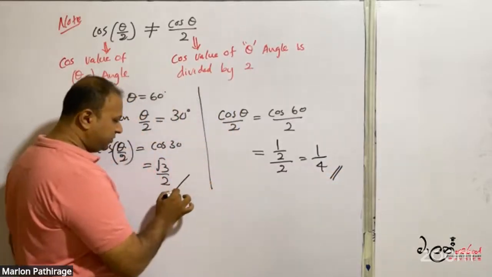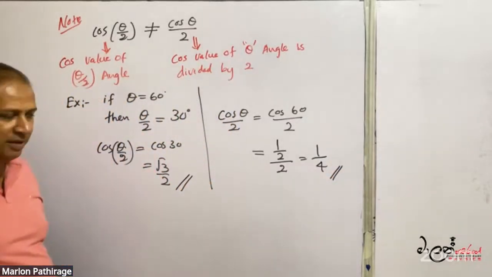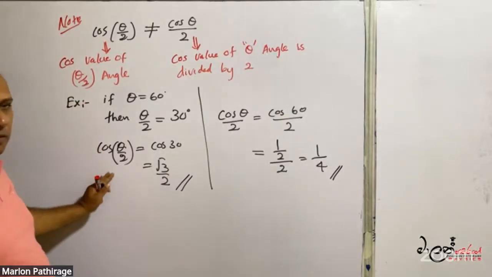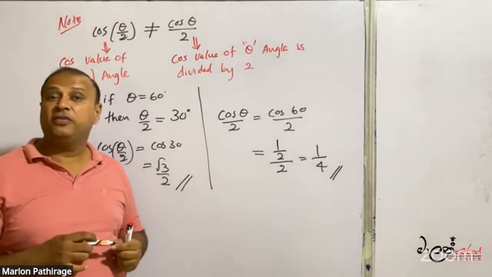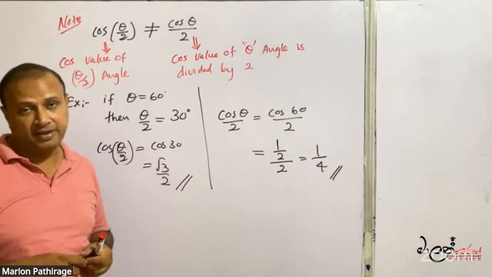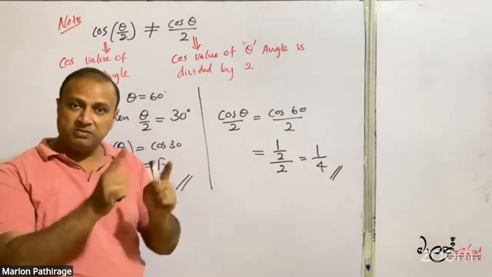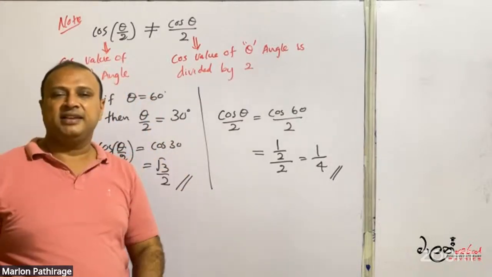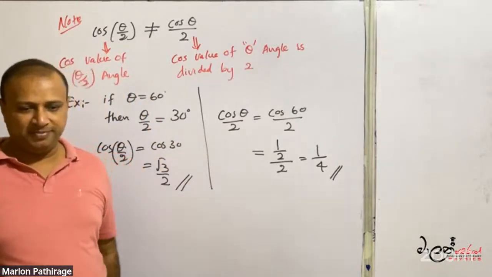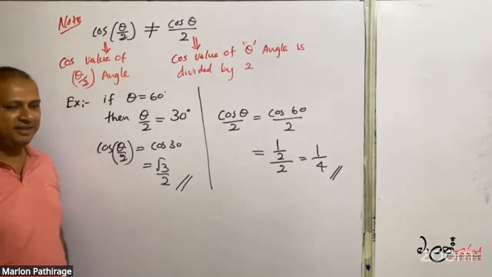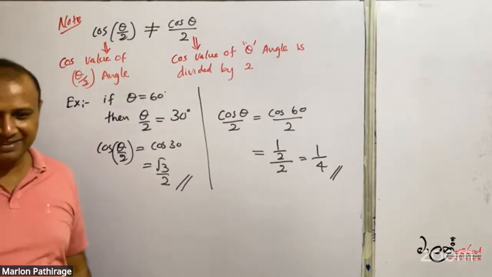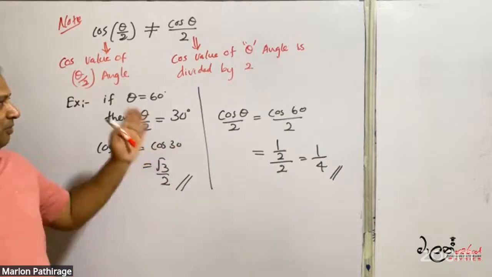Now it is very clear. Cos theta over 2 is the cos value of the half angle, and cos theta divided by 2 means cos value of theta angle is divided by 2. Is that clear? If you got this, please raise the hand.